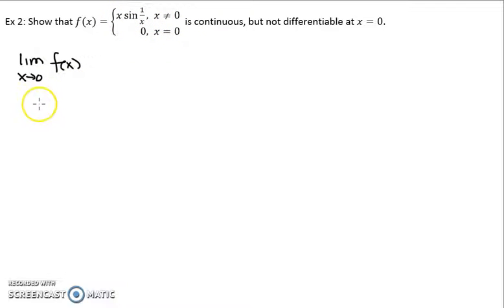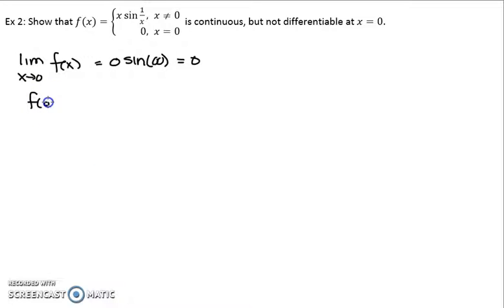So if we plug in 0, as we get really, really close to 0, 1 over a really, really small number is going to give us infinity. So we're looking at 0 times the sine of infinity, which looks like it might be indeterminate, but remember, sine is just going to bounce between -1 and 1. So our limit is going to be 0.